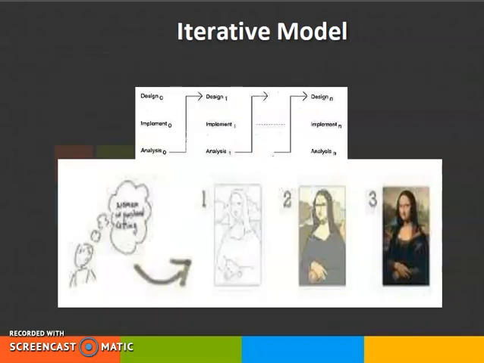The iterative waterfall model is an improved version of the previous model, the waterfall model. Here the disadvantages of the waterfall model are eliminated. That is the major difference between the iterative and simple waterfall models.